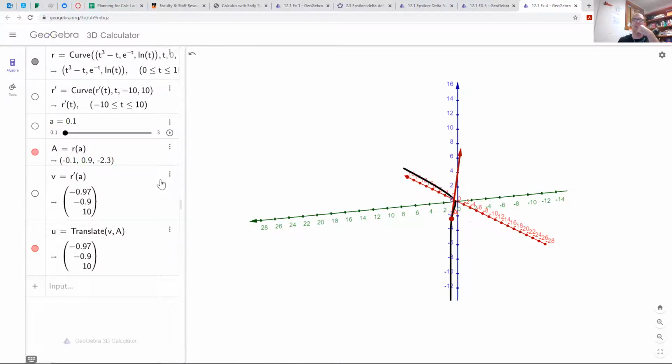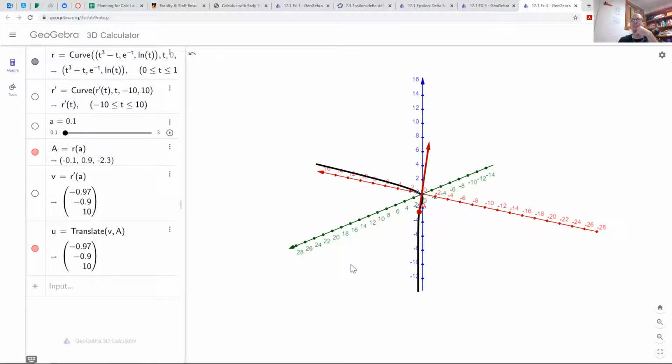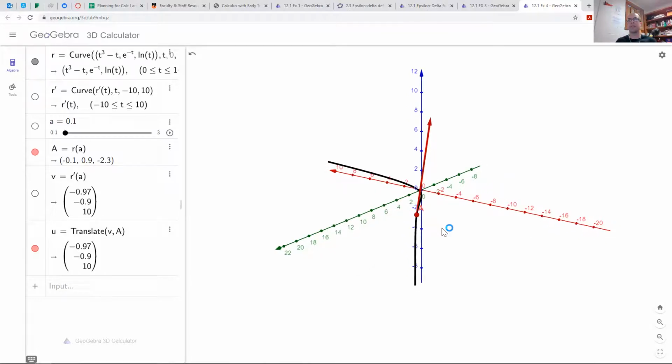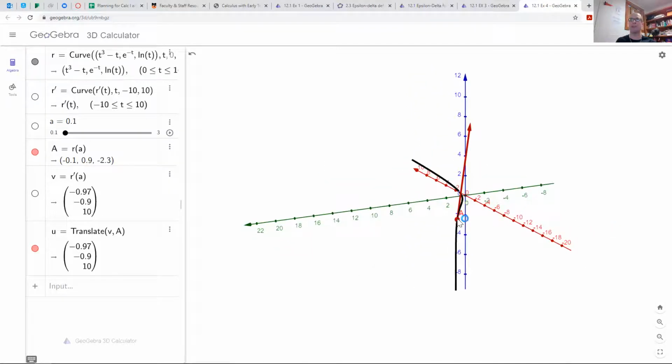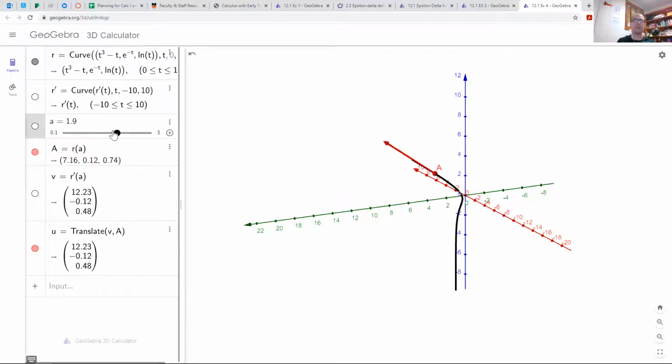But instead of looking at the derivative curve, I tend to like to look at derivatives in this context as a vector that starts at the point where you're trying to find the derivative. So here's where, okay, now I'm using a as my t parameter. But yeah, this little a is our slider. And this is t equal to 0.1, and t goes all the way up to 3.